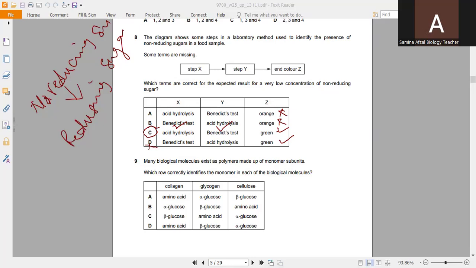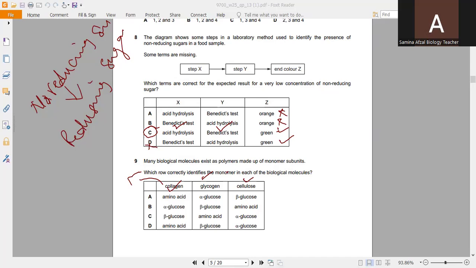Next question is, many biological molecules exist as polymers made up of monomer subunits. Which row correctly identifies the monomers in each of the biological molecules? Glycogen is made of alpha glucose, and cellulose is made of beta glucose, and collagen is a protein which is made up of amino acids.